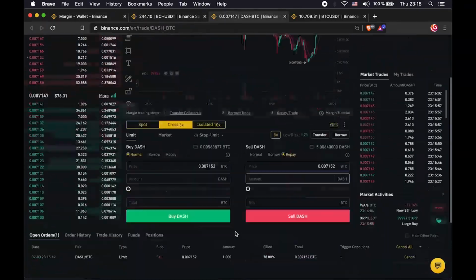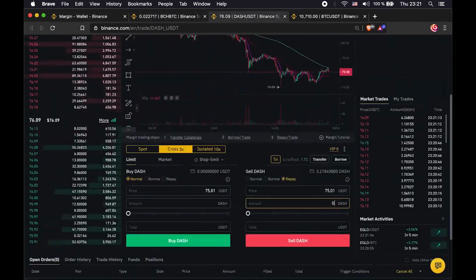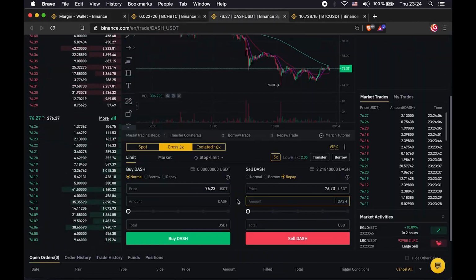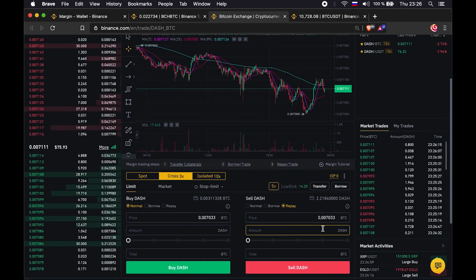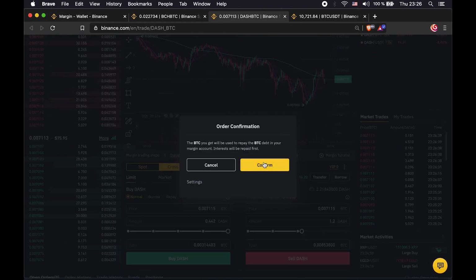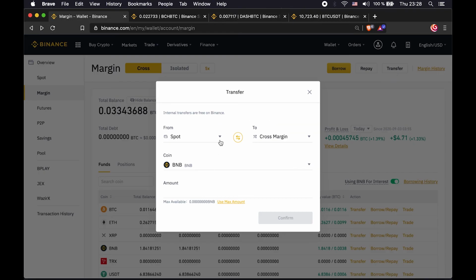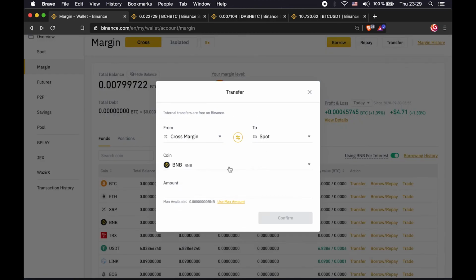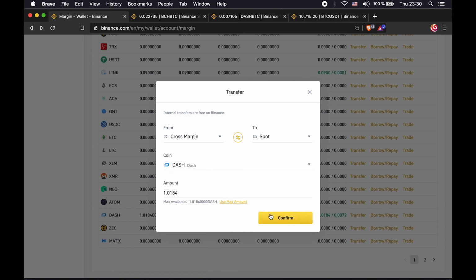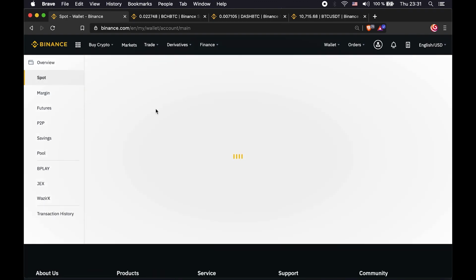I'm slowly selling all these coins until we see zero debt. So when I sold all my margin positions, I am repaying the debt to the exchange, and we see our profit, and in the end of trading we can transfer all funds back to the spot wallet from all our margin and futures wallets. So this is our spot wallet. We have some little profit after this example trading for this video.